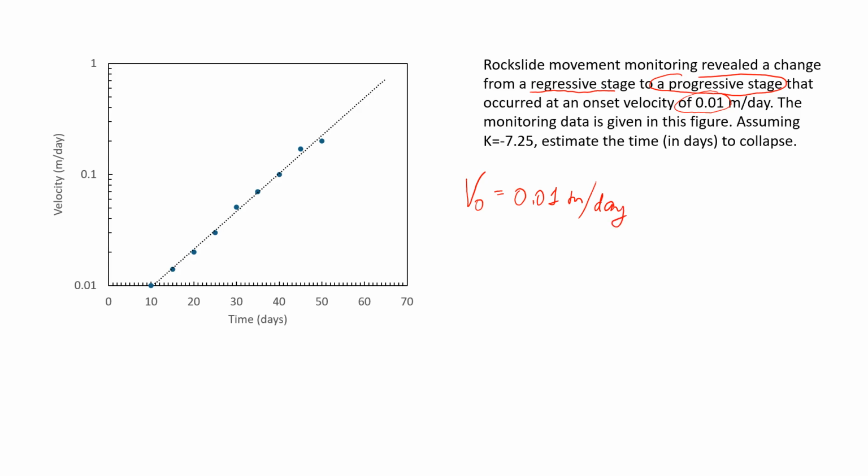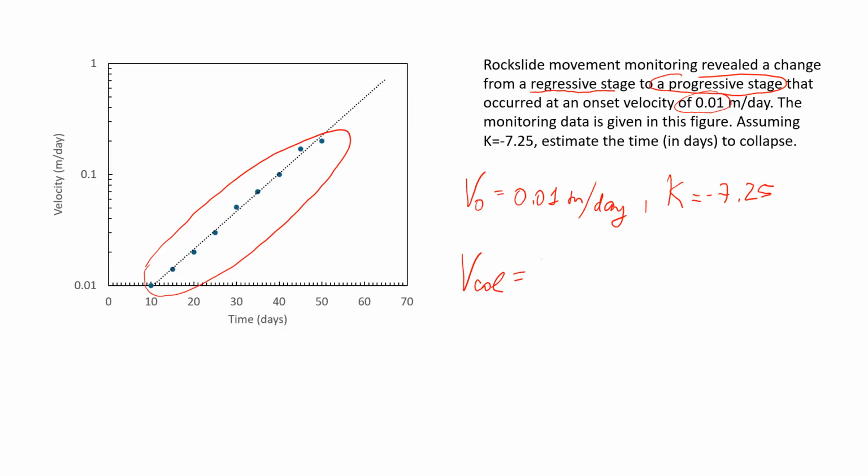Now we have the data from monitoring, so it goes this way. Based on the data, the estimation of k is around -7.25. What we need to figure out is how many days until the collapse, right? We're going to do this using the formula to estimate the velocity at which it is going to collapse.